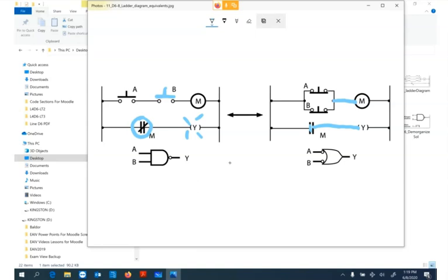If we break A, our light stays on, just like if we pushed here, our light would stay on. If we pushed B without pushing A, our light would stay on. Here, if we pushed B instead of A, our light would stay on. And in order to turn the light off, we have to push both A and B. So even though it looks like an OR, it is exactly the same as far as the truth table goes as the NAND instruction.